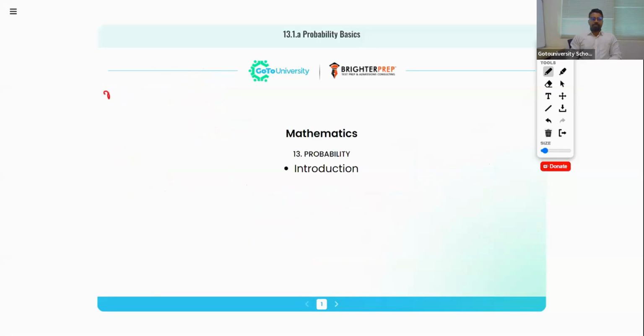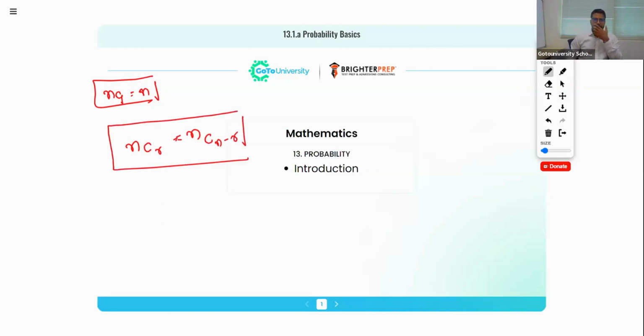Coming to combination, what is nC1? nC1 is actually n. And remember this shortcut, this is a very frequently used shortcut. nCr is equal to nC(n minus r). That's why nC1 is equal to nC(n minus 1). Both are equal to n.